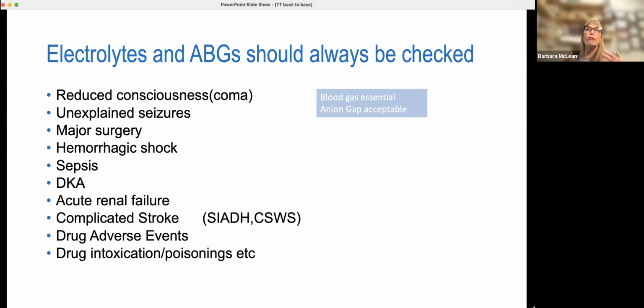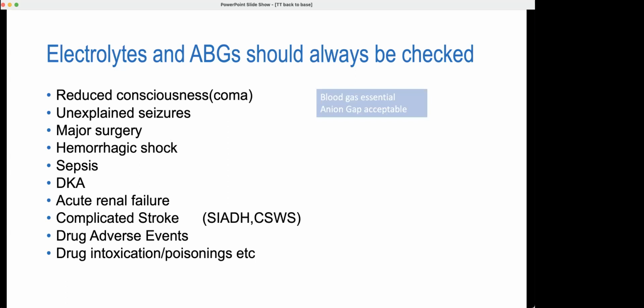Now, if for some reason you're not able to get a blood gas, either point of care or to the lab, it is acceptable to look at your anion gap. And your anion gap will give you some very good information about the presence or absence of metabolic acidosis, except that the anion gap does not factor in some of the buffering agents, most particularly albumin.